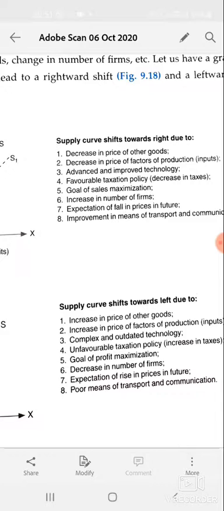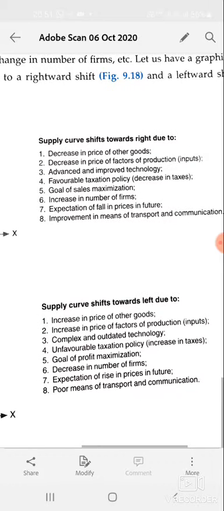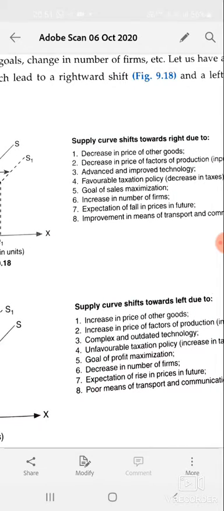And improvement in means of transportation and communication: if the producer uses the latest means of communication and transportation, he or she can reach a wider market, so as a result supply will be more.